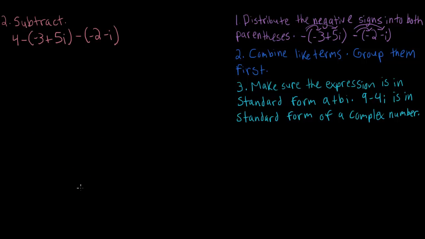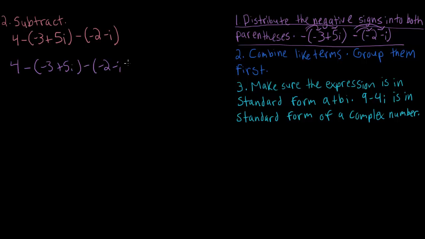2. Subtract 4 minus negative 3 plus 5i in parentheses minus negative 2 minus i in parentheses. So step 1, we have to distribute the negative sign into both parentheses. So let's write down the problem. 4 minus negative 3 plus 5i minus negative 2 minus i.